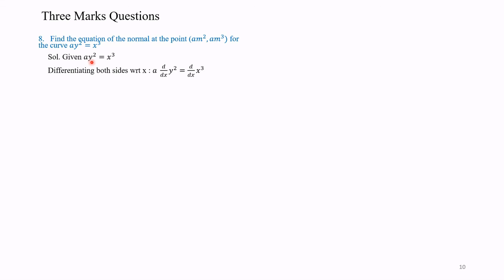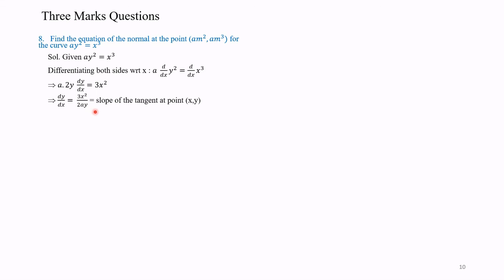Therefore, d by dx of a y squared is equal to d by dx of x cubed on the right hand side. Therefore, the left hand side becomes a into 2y into dy by dx and the right side is 3x squared. So, a into 2y into dy by dx is equal to 3x squared. Therefore, dy by dx is equal to 3x squared divided by 2ay.